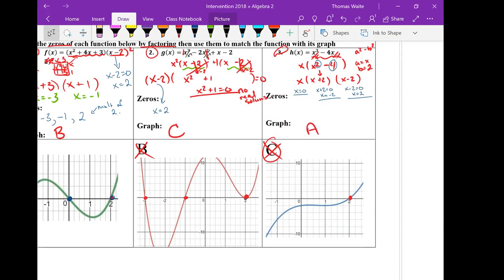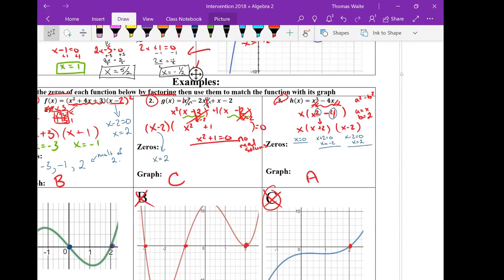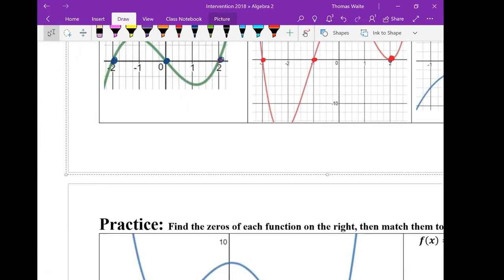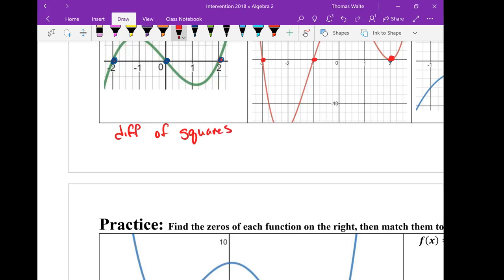All right. So at this point, we've seen an example. We should keep in mind our factoring tools. Let's make a little note of them down here. We have difference of squares. We have difference and sum of cubes.